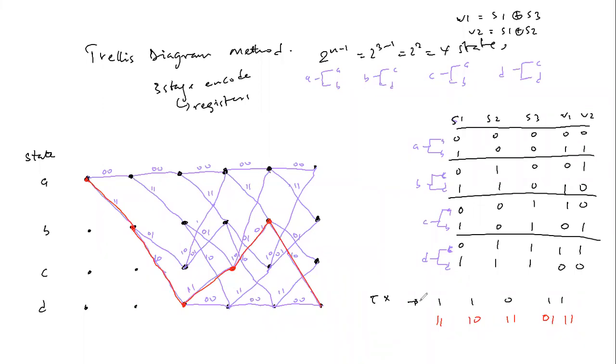And just like always, in our previous system where we used the register method, with the state diagram method we achieved the same outcome, where what was decoded was 1 1 0 1 1.